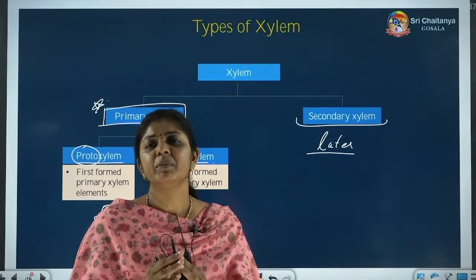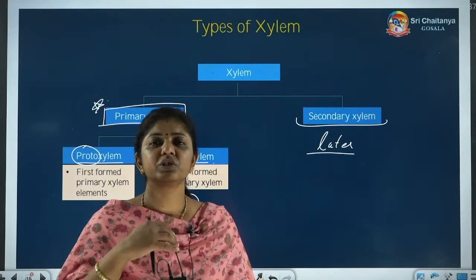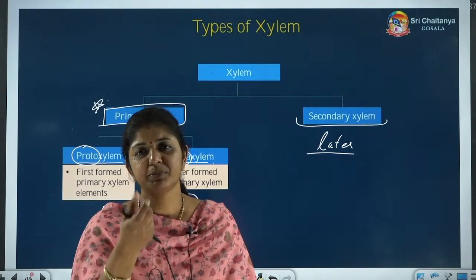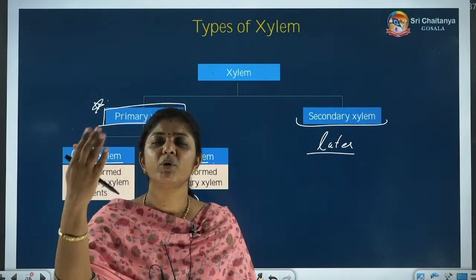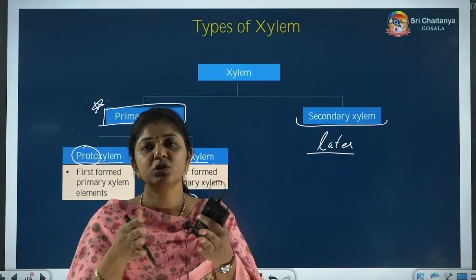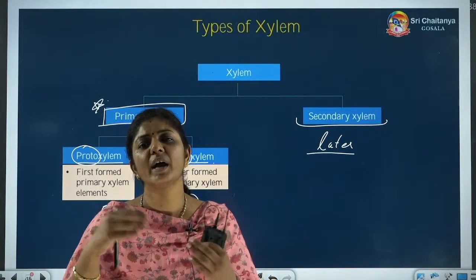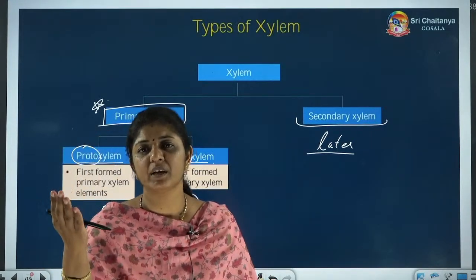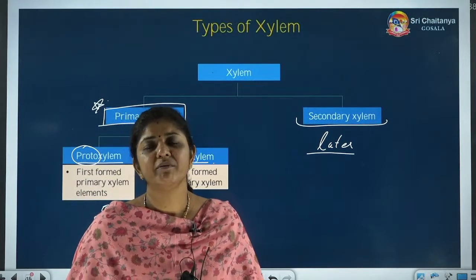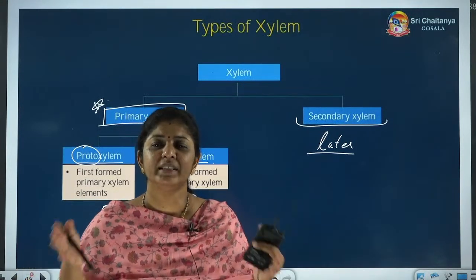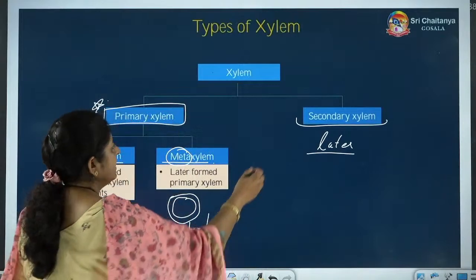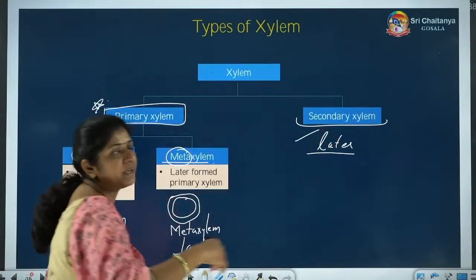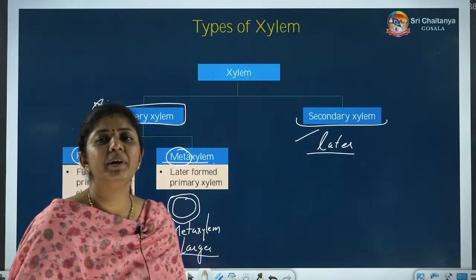Primary is developed when the plant just grows from the seed, just sprouts out. And it keeps on developing until and unless it goes into lateral growth. Up to that, whatever xylems go on forming, they are the primary xylem. And which is formed due to the lateral growth, that xylem you call it as what thing? Secondary xylem, which is forming later in the life of the plant.